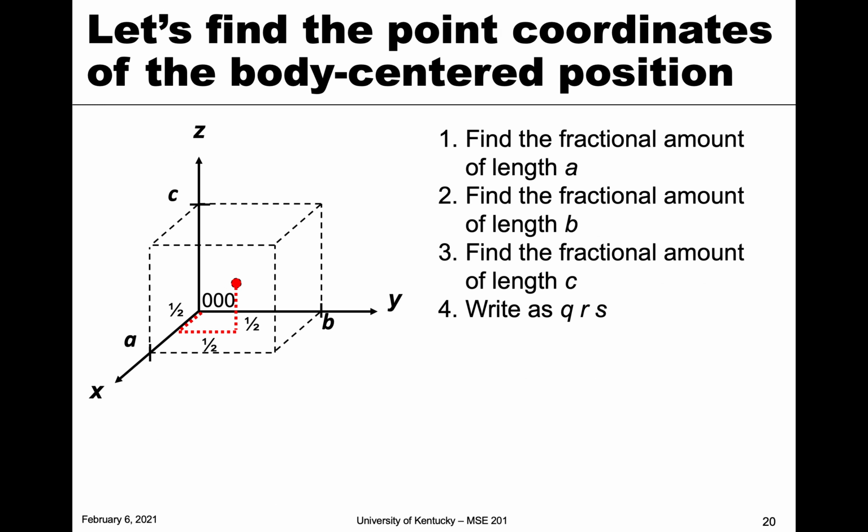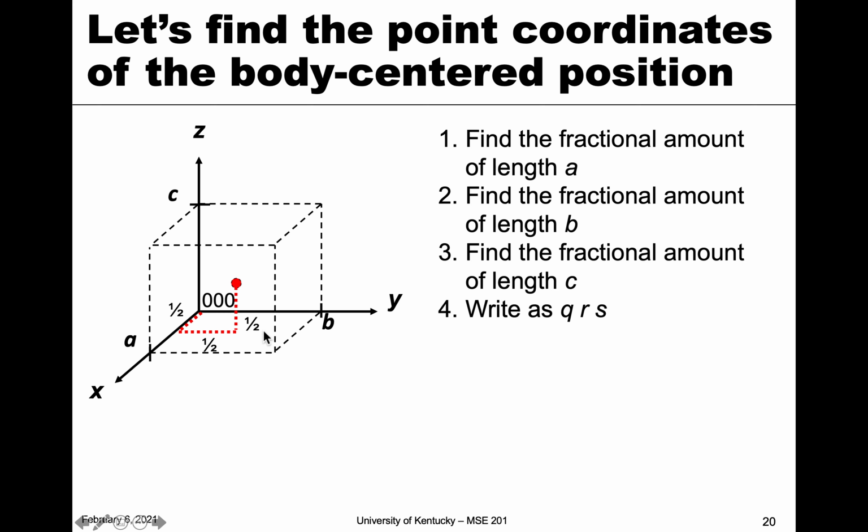All right, so I want to show you how we would do this for a given point. So how we find the point coordinates for a given position. So for example, the body-centered position. Let's say that instead of calling it body-centered, we want to have actual point coordinates for it.